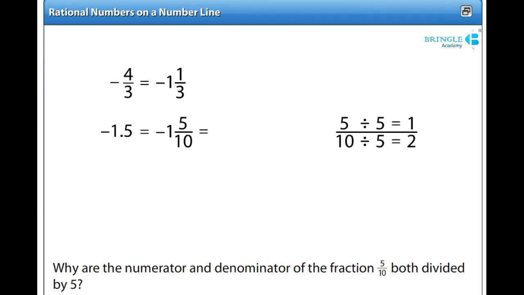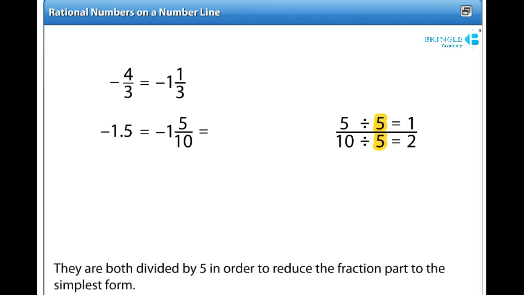Why are the numerator and denominator of the fraction 5/10 both divided by 5? They are both divided by 5 in order to reduce the fraction part to the simplest form.